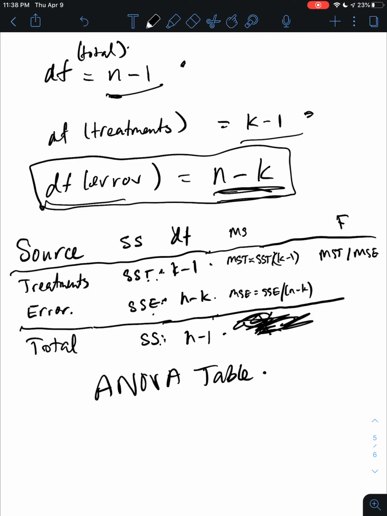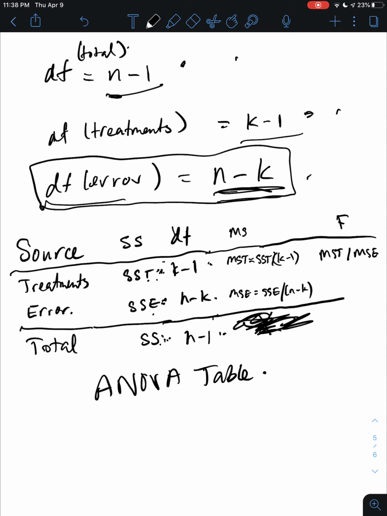The first two columns I add up. So the first number here plus the second number equals the third number. This number and this number add up as well, but they have formulas. We know k is the number of treatments and n is the total number of experimental units across all treatments.